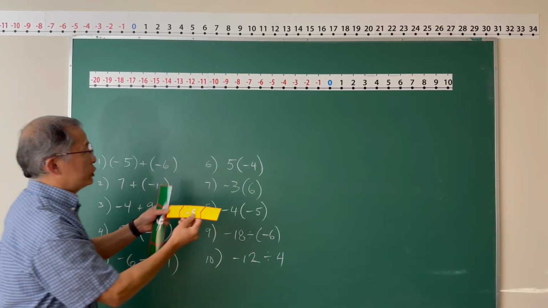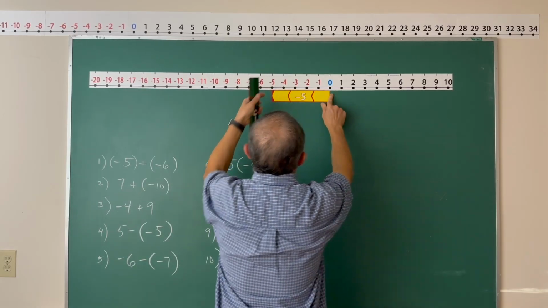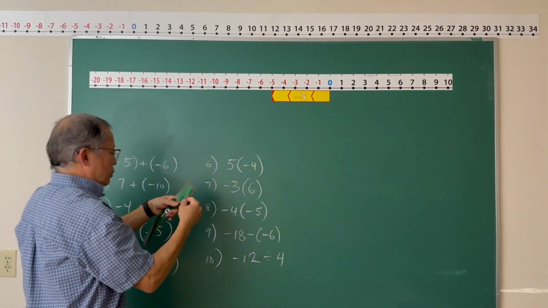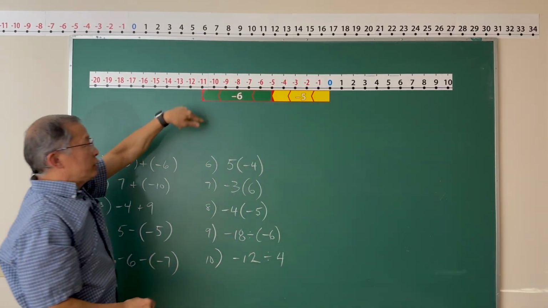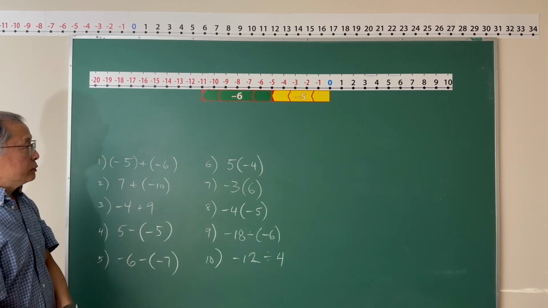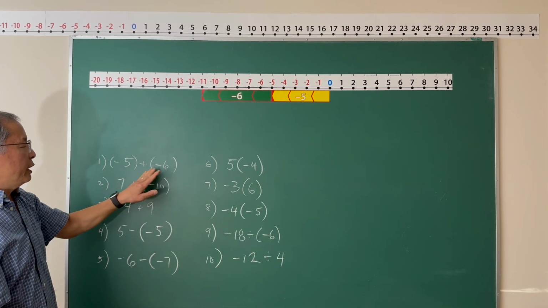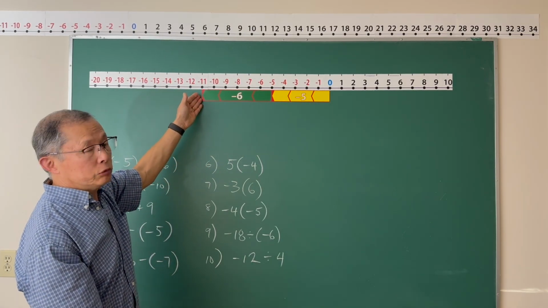And that's easy enough to show on this number line because we're going to put the negative 5 here. And we see that we're going in the left, and then we're going to apply the negative 6 as well. And they can see that you end at negative 11. So a negative plus a negative moves you further in the negative direction, so negative 11.